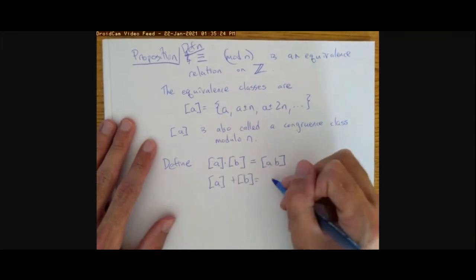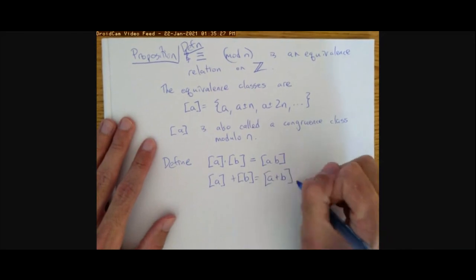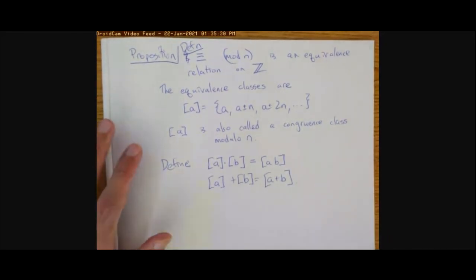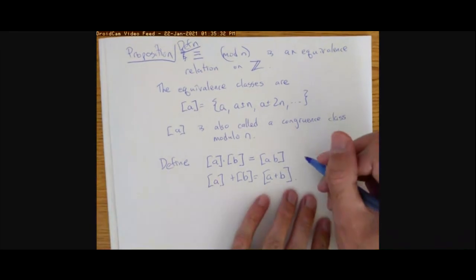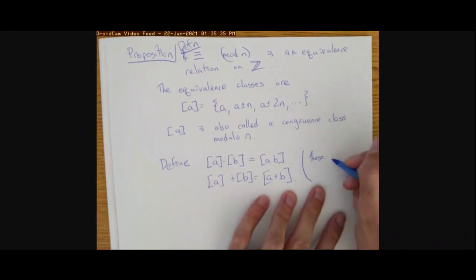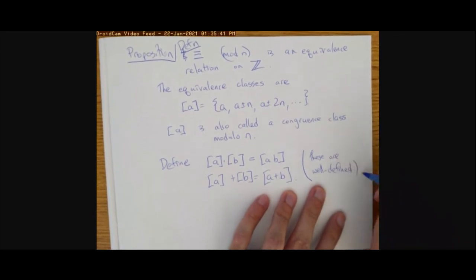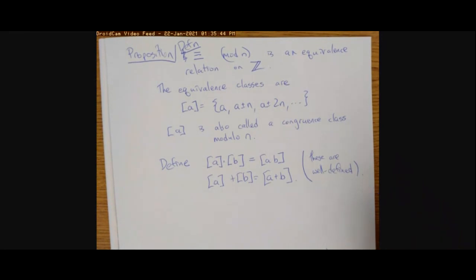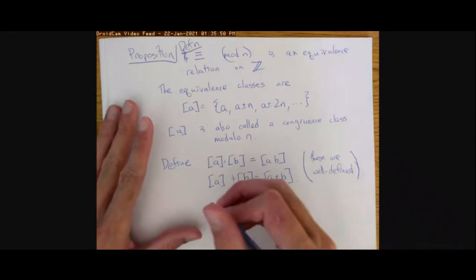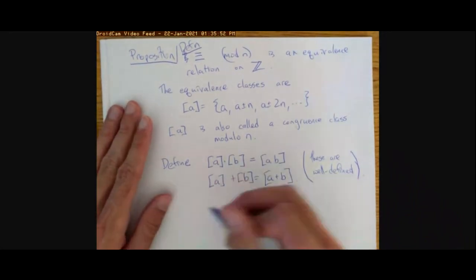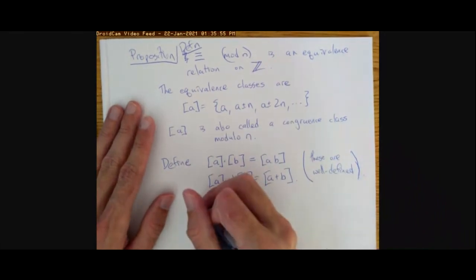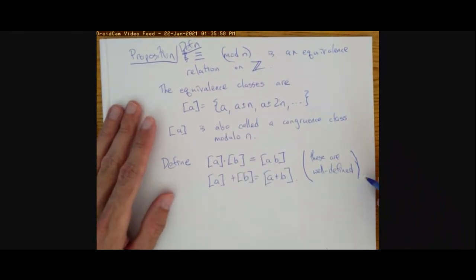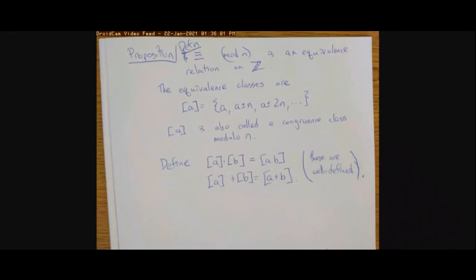The congruence class of A plus the congruence class of B is the congruence class of A plus B. And part of the proposition is really that these are well defined. Sometimes, instead of using square brackets, you can also put bars on the A and B. But we'll try and be clear with what we're doing.